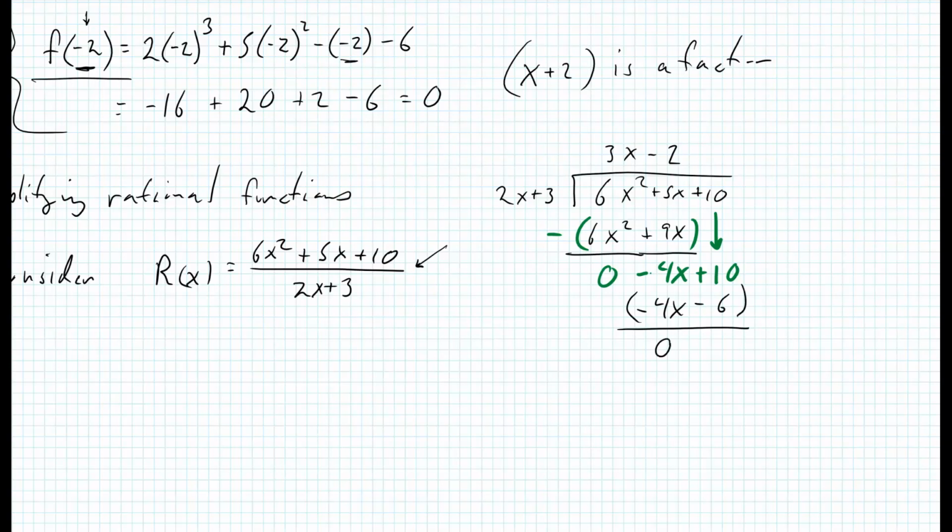Minus 4x minus minus 4x gives me 0. I have 10 minus a minus 6, so that's 10 plus 6, which is 16. So I have a remainder of 16.